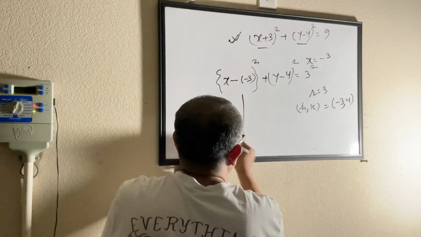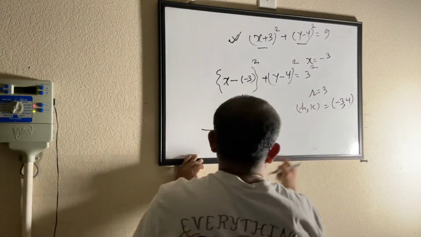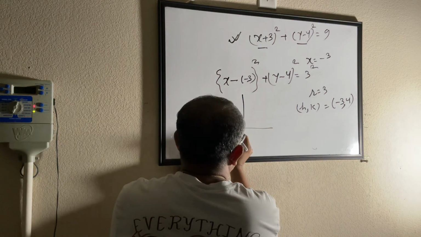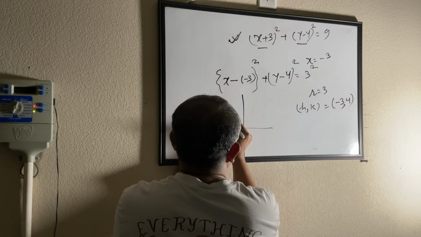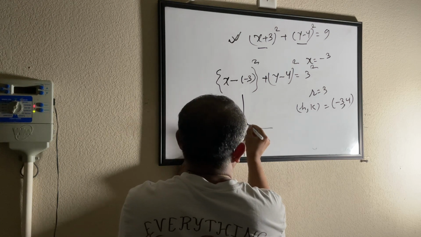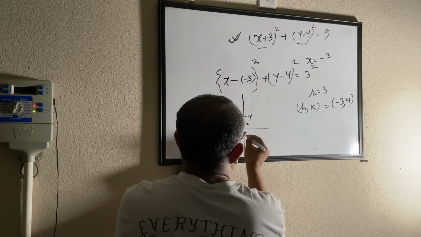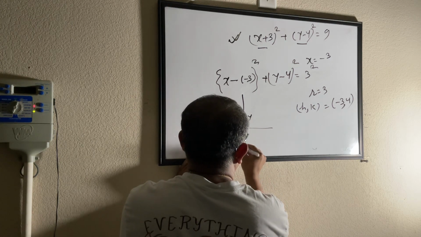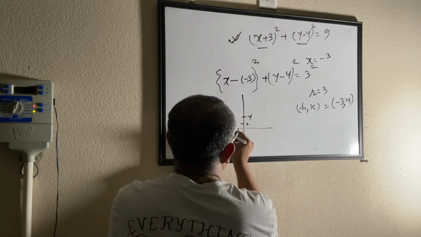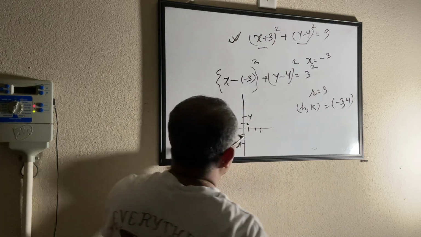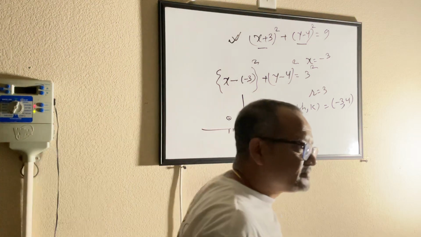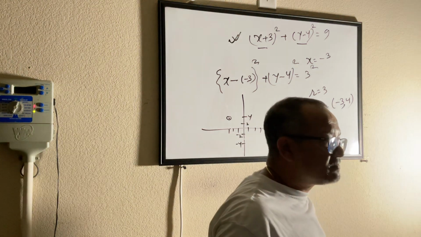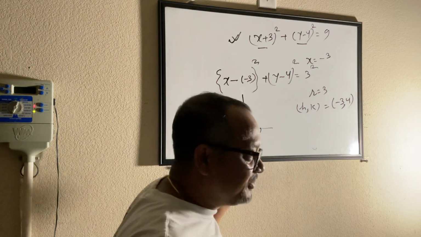Now let's try drawing it. Minus 3 will be this side. Minus 3 comma 4. Let's say it's here. This is 2, this is 4. Minus 2, minus 4. And 1, 2, 3. So minus 3 comma 4. With the second, could y be 1? Could be. That's what we are trying to do now.